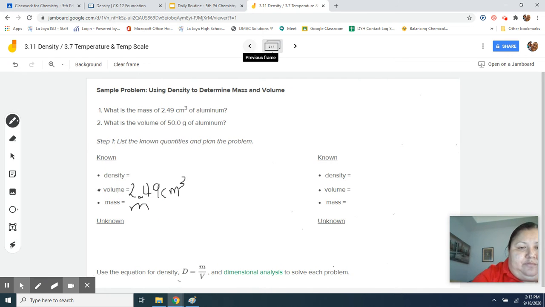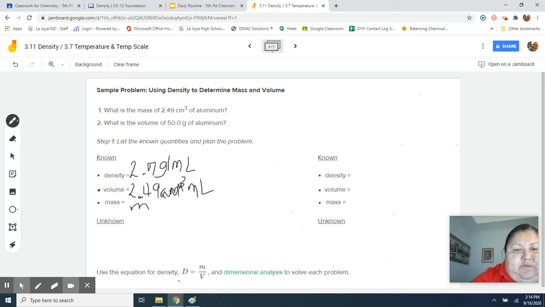Okay. So we're going to put 2.70 grams per milliliter. And does it matter if our volume is different units? No. But do we like to keep the same units? Yes. So we're just going to cross this out and put mL just in case, okay?